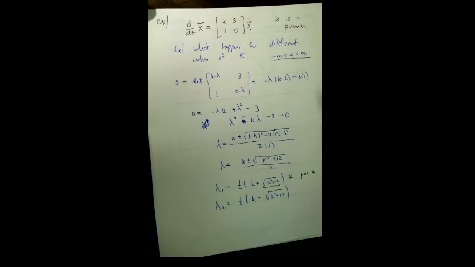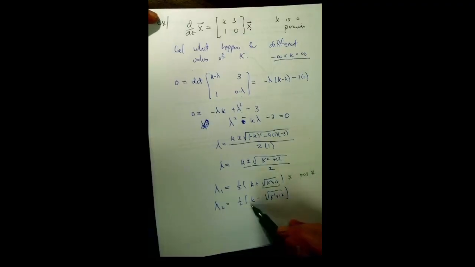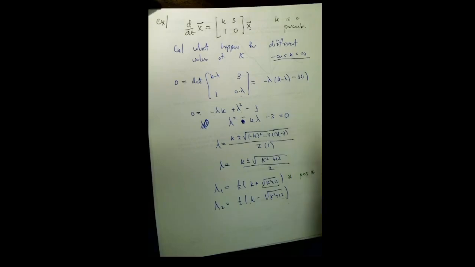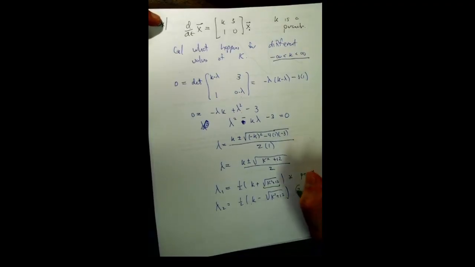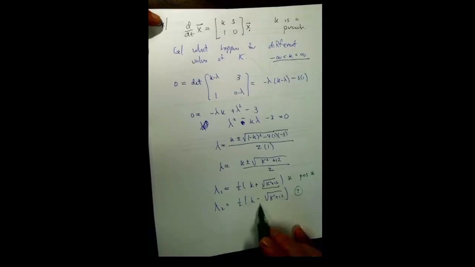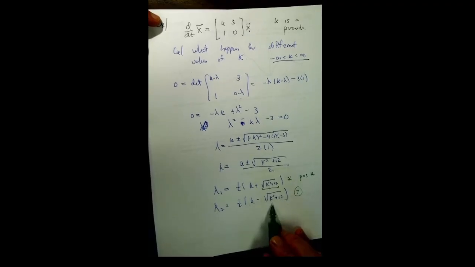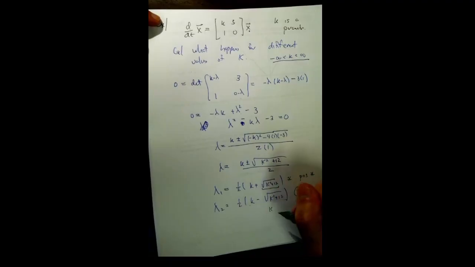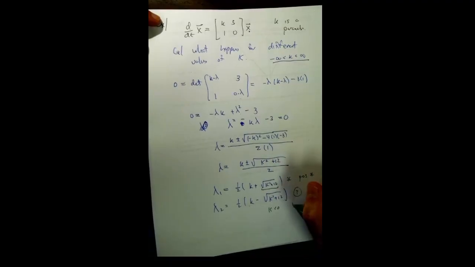Additionally, it's either going to be a source or a saddle. Right? It's only going to be a saddle if the other eigenvalue is negative, and if it is positive, then it has to be a source. So the question is what's going on here. Notice if k is negative, I'm going to subtract something, and then it's going to be negative. So I think if k is negative, lambda 2 is going to be negative.